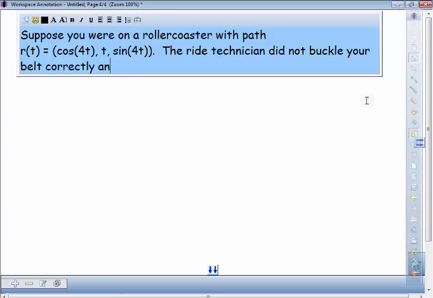And at t is equal to, is it 0.38? 0.39. So I'm going to go a little bit past that. Let's say 0.42.